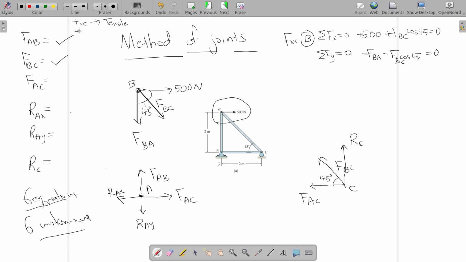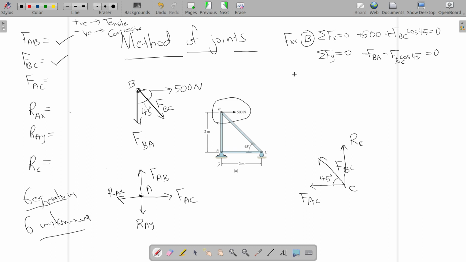If the answer is negative, we will say that our assumption that we have tensile force in the members is wrong. Hence it must be compressive forces.